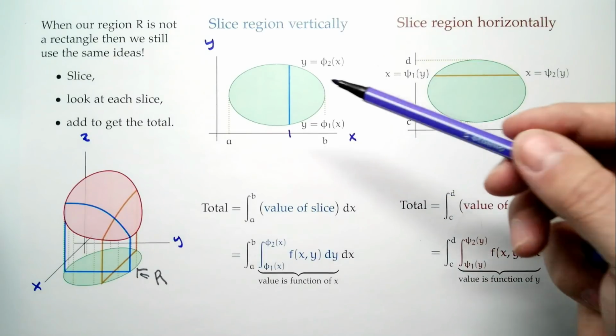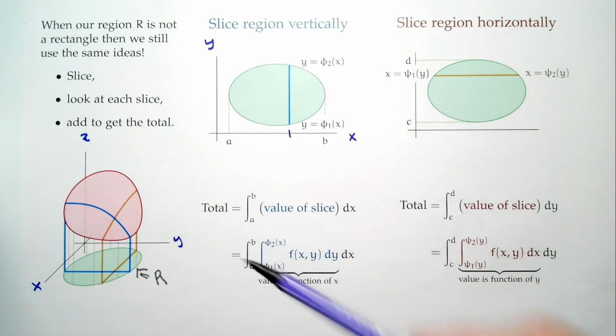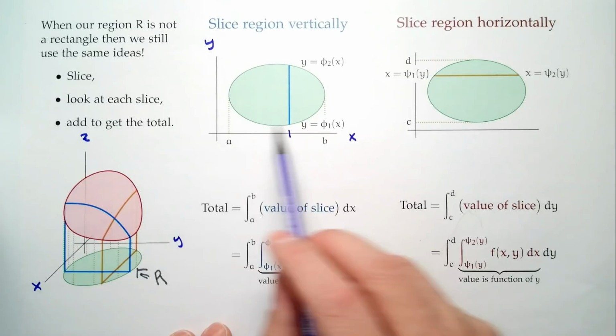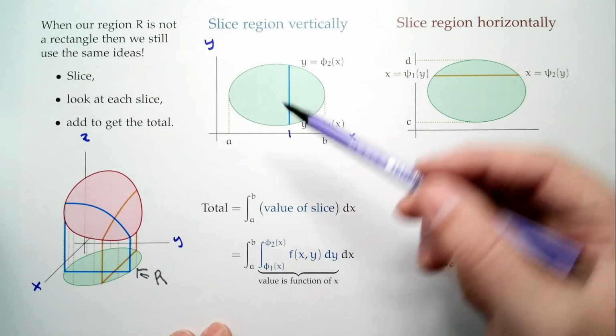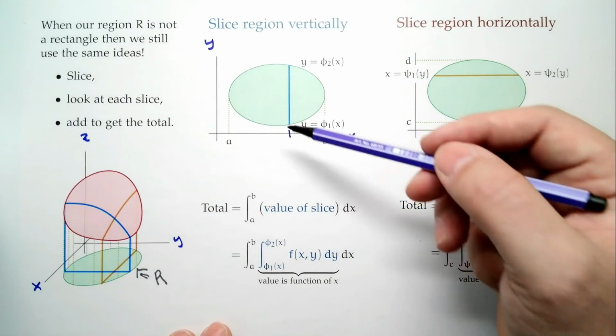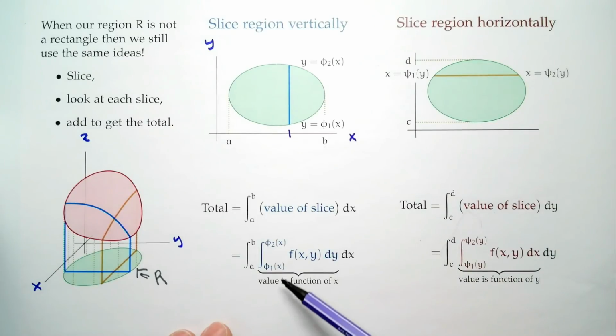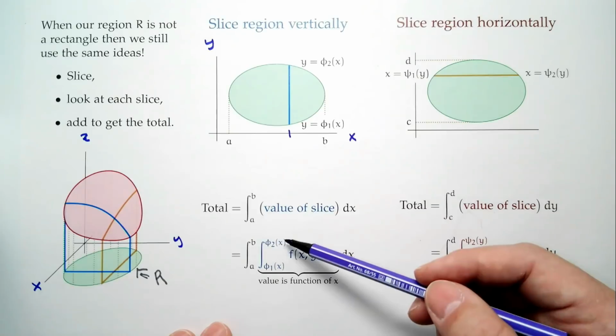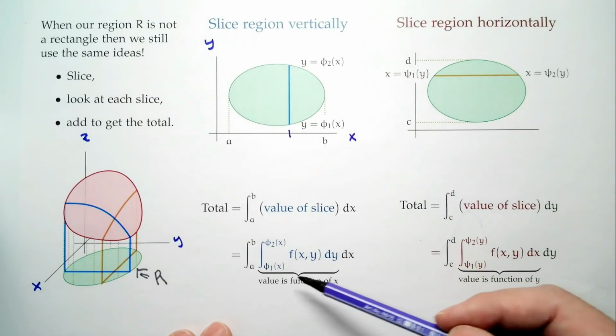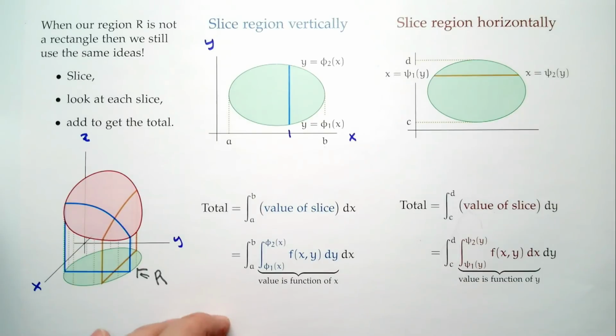So now if I look in this slice, the total is going to be the integral from one end to the other end, a to b, of whatever the slice turns out to be, adding them up, dx. So the slice, where do I go? I start at the bottom curve, phi 1, and I go to the top curve, phi 2, of f of x, y, dy.